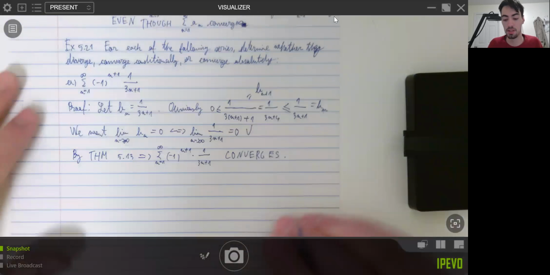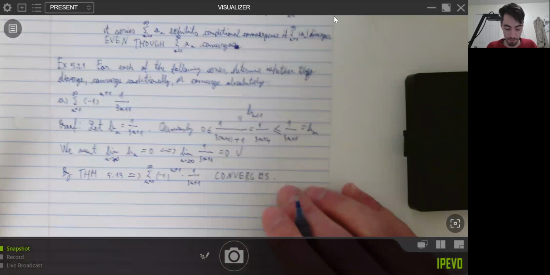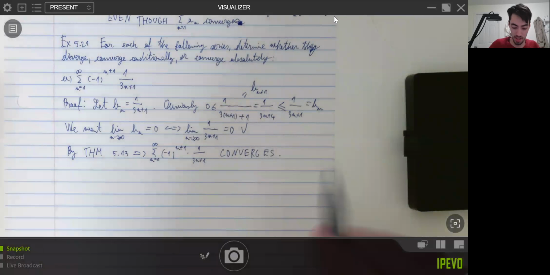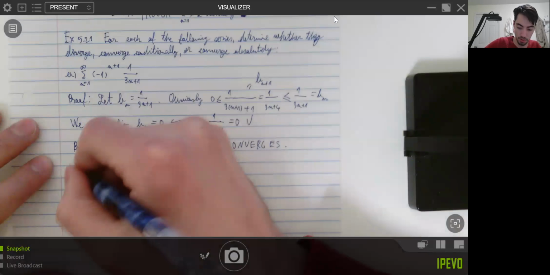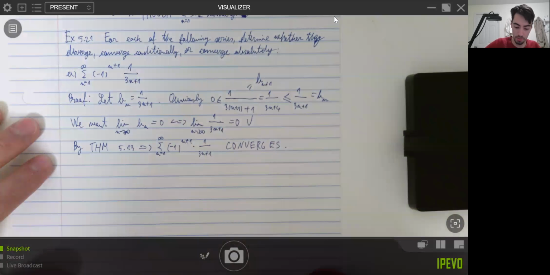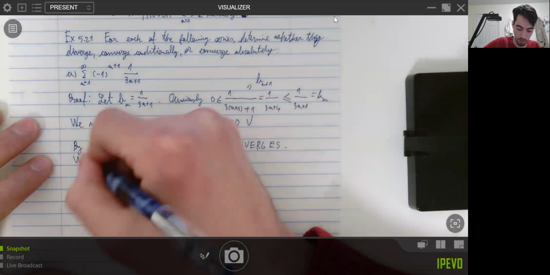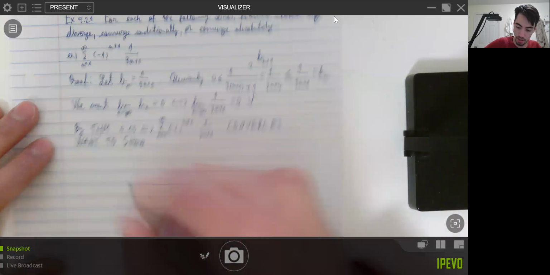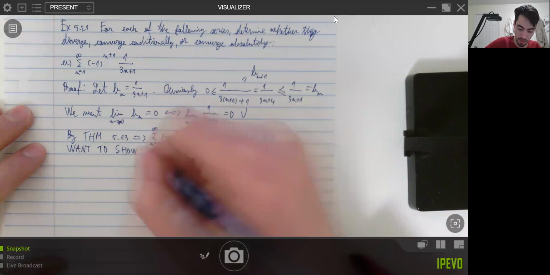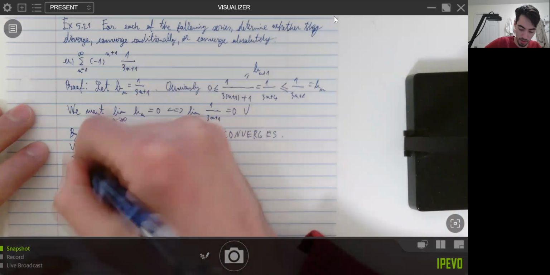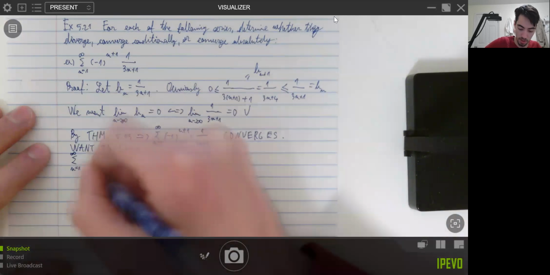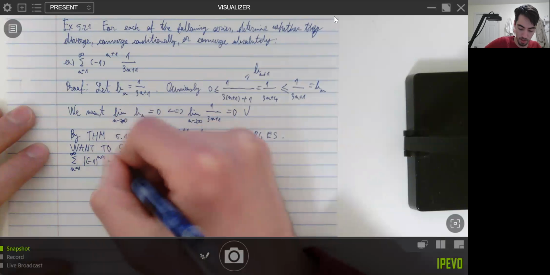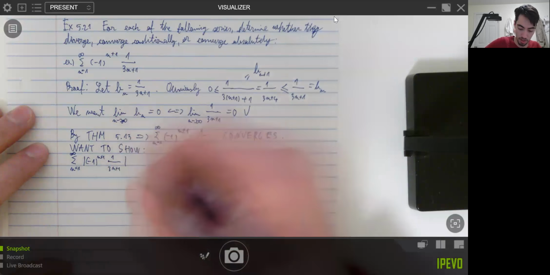Now let's see whether this converges absolutely or conditionally. I claim that it converges conditionally. So we know that the sum converges, and in order to show that it converges conditionally, we want to show that the sum from n equals 1 to infinity of the absolute values, so the absolute value of (-1)^(n+1) times 1 over 3n+1, diverges.